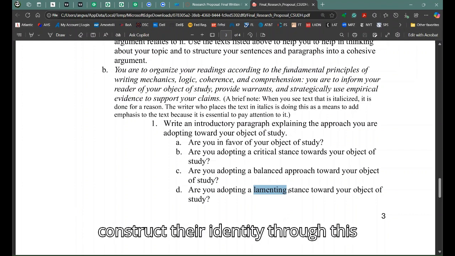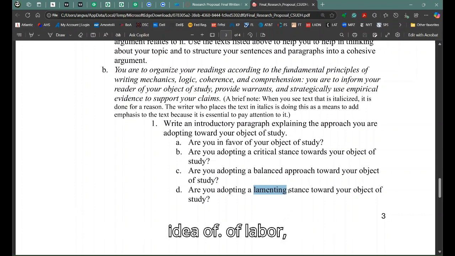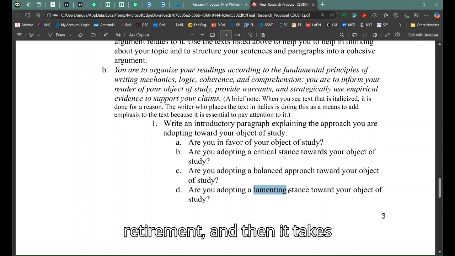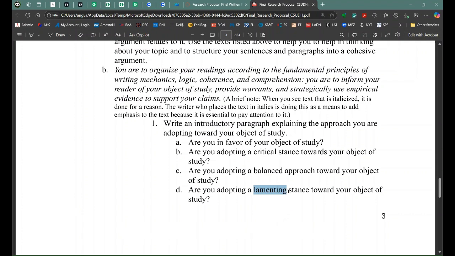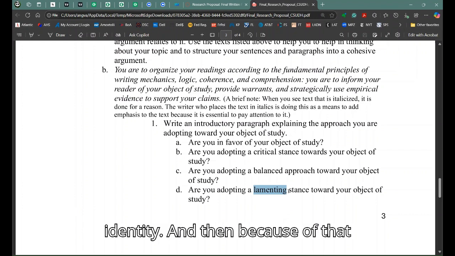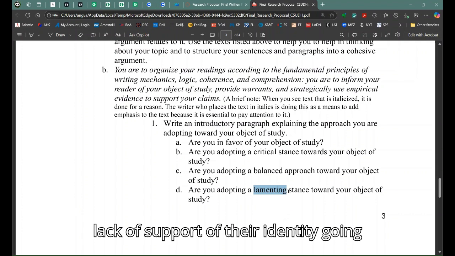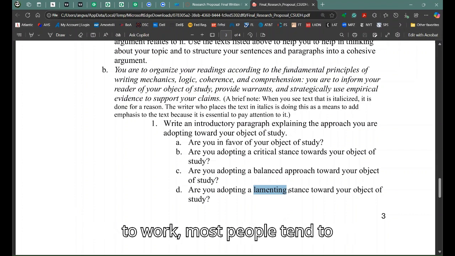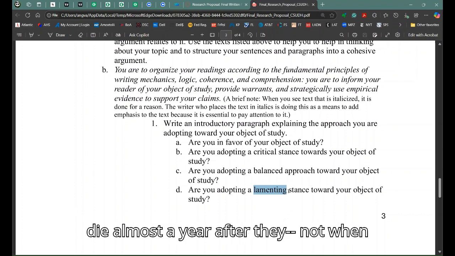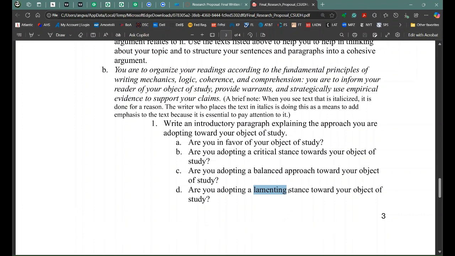So they construct their identity through this idea of labor, and then the work is no longer there because of retirement, and then it takes aim at their identity. And because of that lack of support for their identity, most people tend to die almost a year after, not when they graduate, but when they retire.